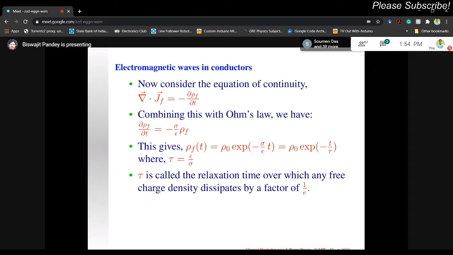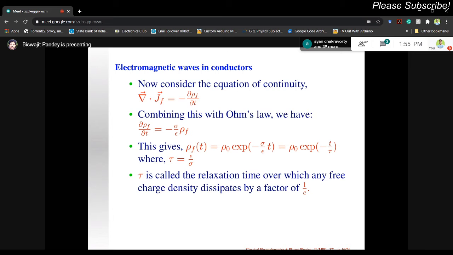And you see, based on the value of tau, one can classify conductors into good ones and bad ones. So you can classify conductors as good conductors or bad conductors.